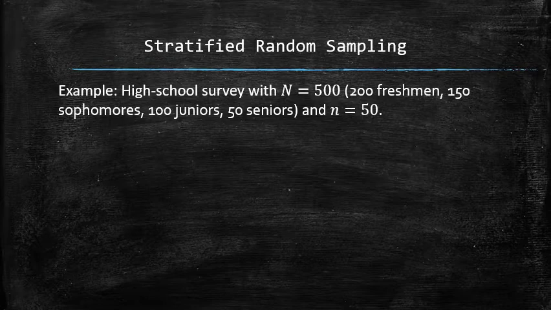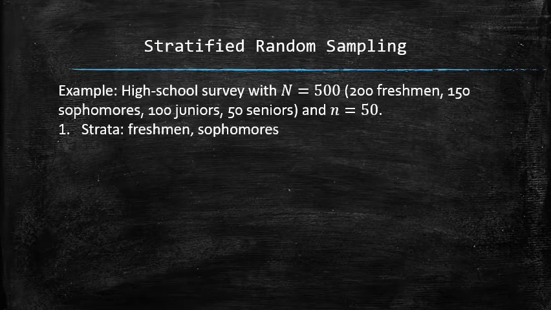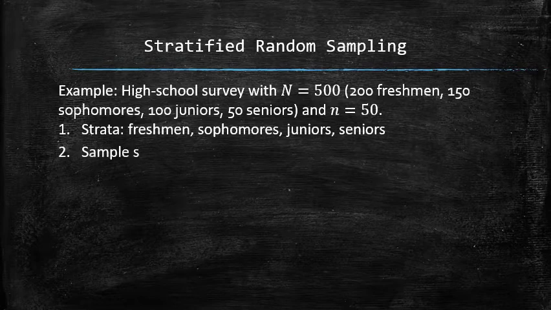So they follow the procedure. Step 1. The population is already divided into classes that will be used as strata. Step 2. The sample size for each class will be determined by the formula k times n divided by the population size, where k is the class size and lowercase n is the sample size.